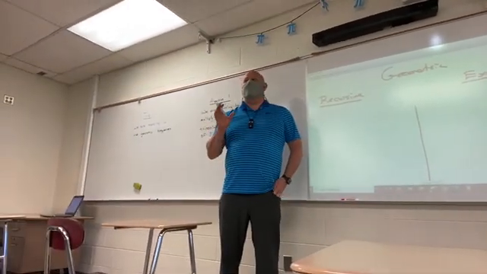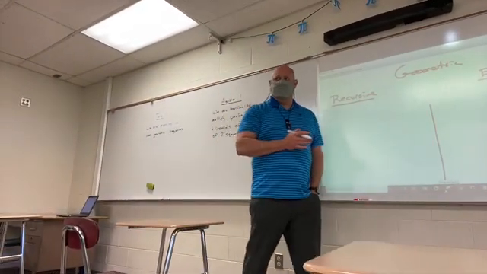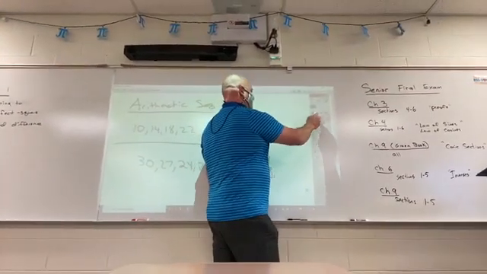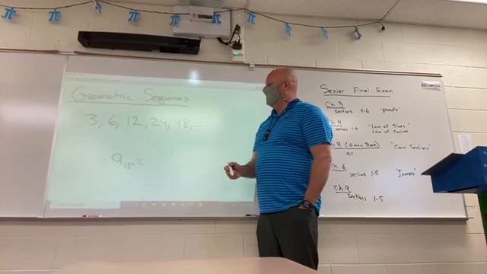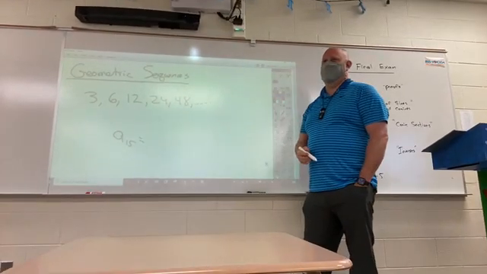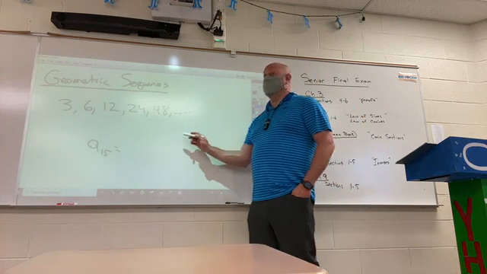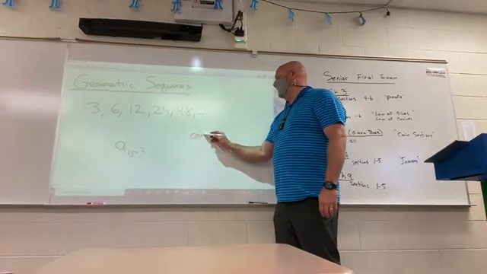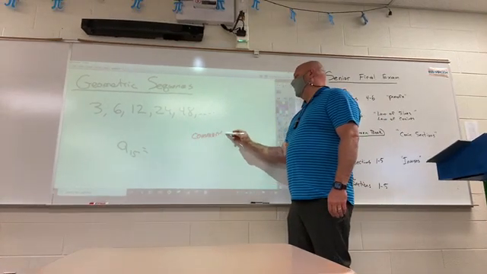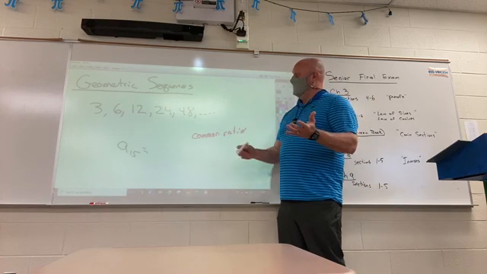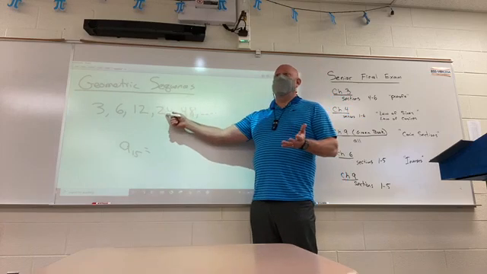Now, we don't have a common difference. Instead of a common difference with geometric, what do we have? Close, really, really close. It's called a common ratio. Meaning, I can divide, right?